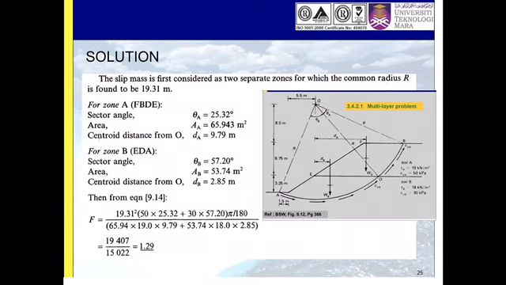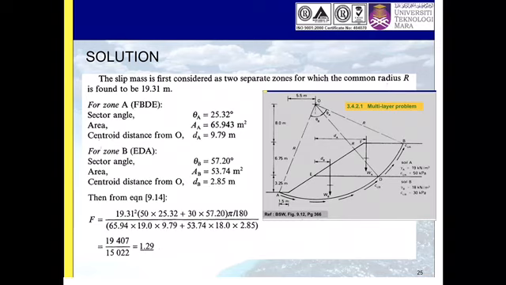So Cu A is 50, times theta A is 25.32, plus Cu B 30 times theta B 57.20, close bracket, times pi over 180, because we convert from degrees to radians, and then divide by the disturbing moment, which is W times D, right?